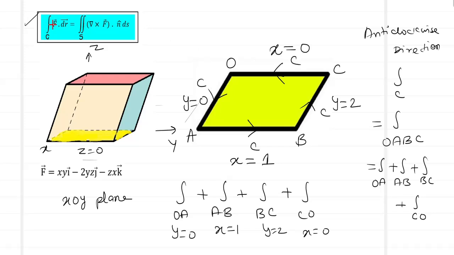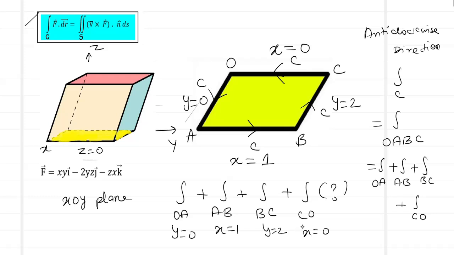So my integral along the curve C, F vector dot dr vector is going to be now computed for 4 parts like this. Along y equal to 0, along x equal to 1, along y equal to 2 and x equal to 0. Now what is the function over here which has to be evaluated? Come look into it. F vector dot dr vector.